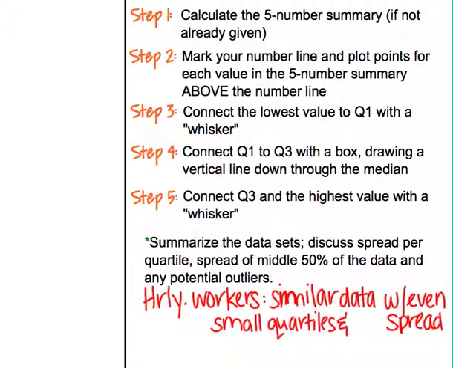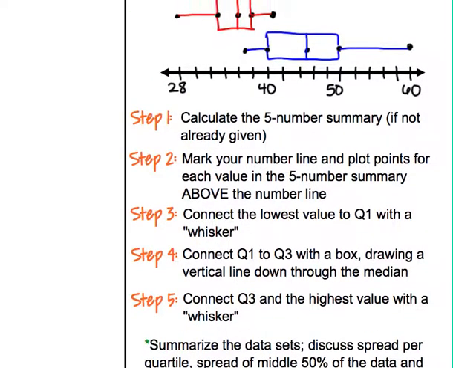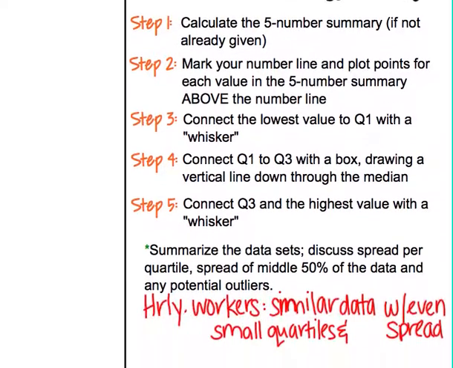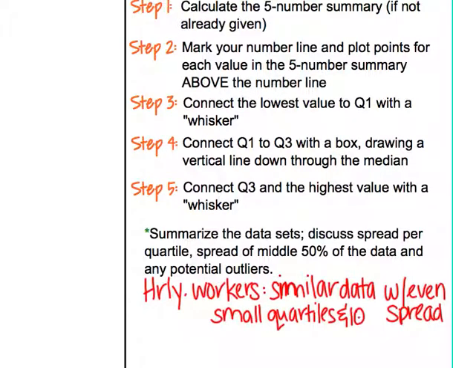And as you can see, looking at this, from here to here is really close, so the interquartile range is small. So I'll say IQR.